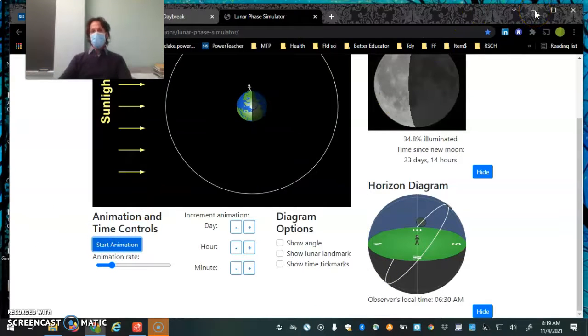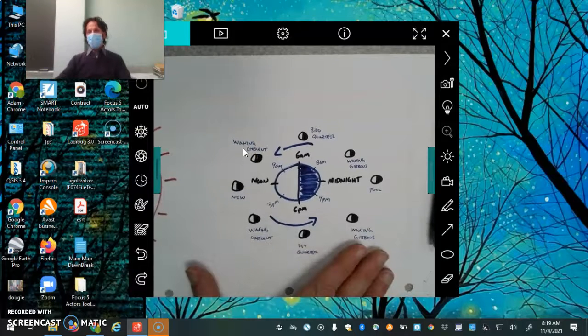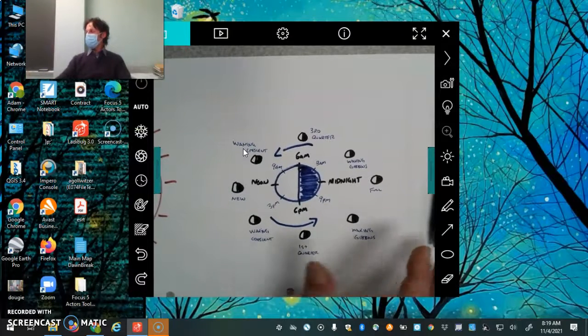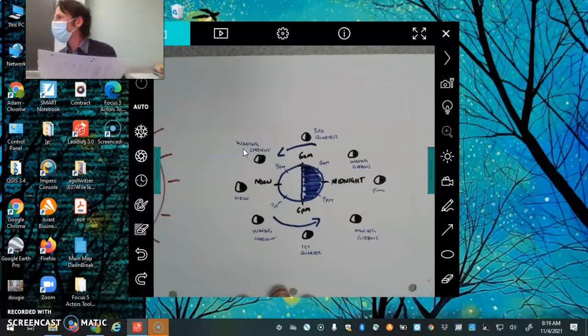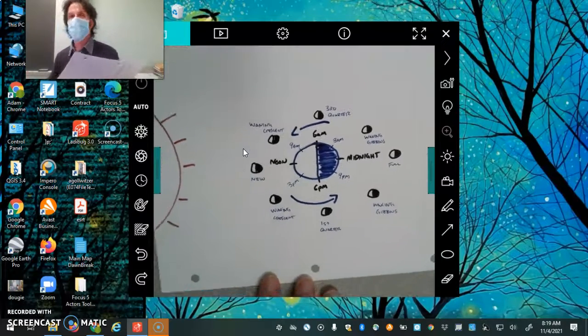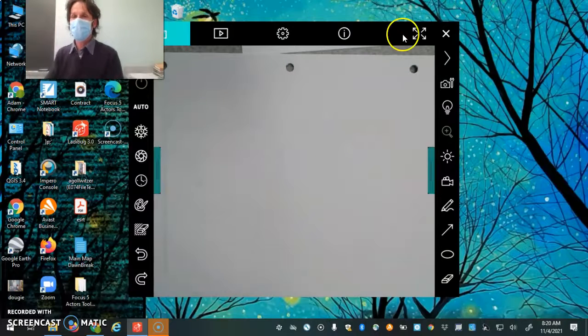So the third level of this, the third tier, is to say this. You now understand that it's 6 hours up and 6 hours down. The next place we take it to is directions. So if I want to see something rise in the northern hemisphere, what direction might I look? Yeah, I heard someone say east. Very good. If I want to see something set, I might look west.